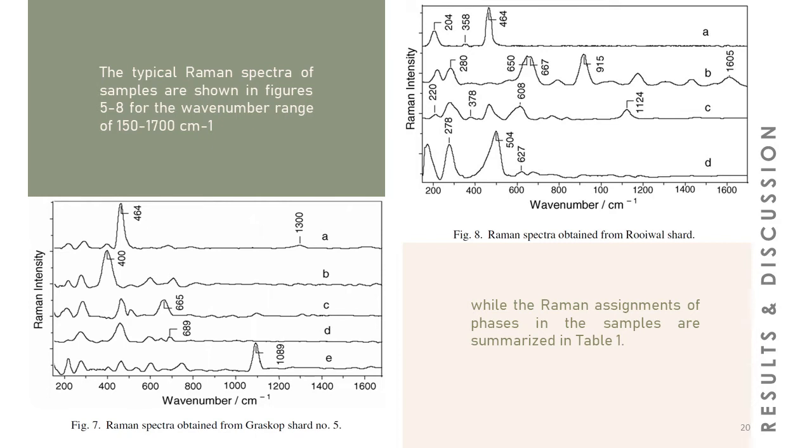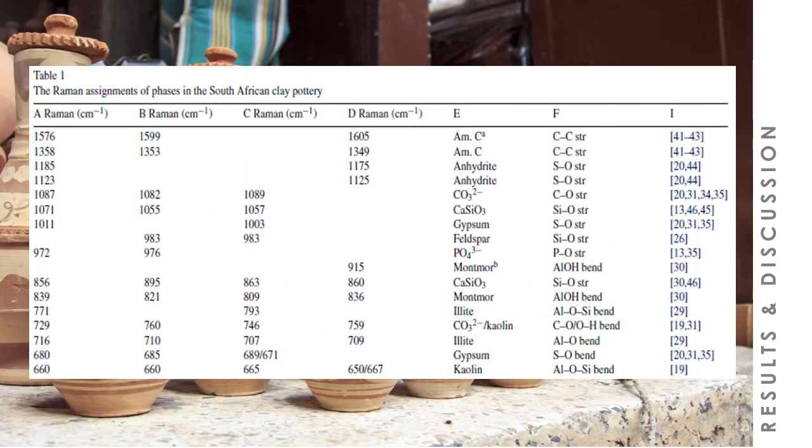The Raman bands at around 460 cm to the -1 are due to quartz. These bands are typically very intense and narrow when quartz is in its free and isolated form. The appearance of kaolin clay mineral throughout the Raman spectroscopic analysis of samples suggests that the processing temperature was insufficient.